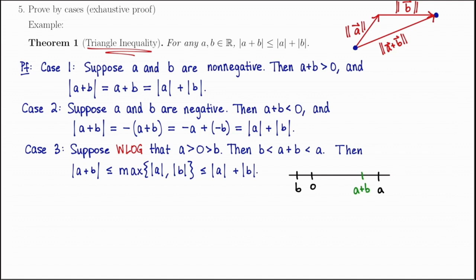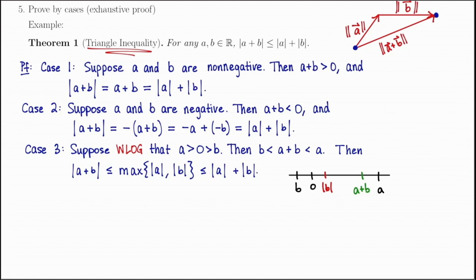That is a fairly large positive number, so when I compare the absolute values of the three quantities I have here, a and a plus b are actually equal to their own absolute values in this case. B would come over here. So in this particular case, the absolute value of a plus b is less than or equal to the absolute value of a, which is the maximum of the absolute values of a and b.